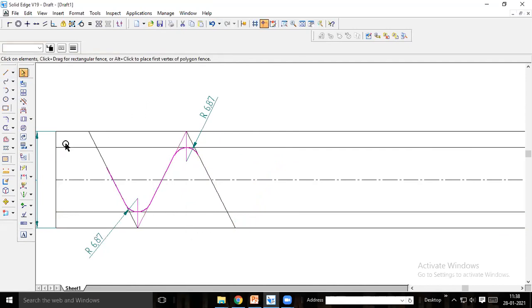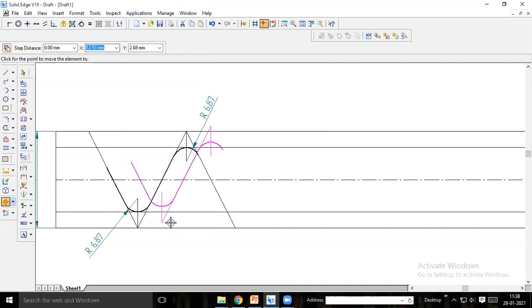Copy this, move. While moving, make sure copy mode is on. Okay, I will take it from this point and place it here.